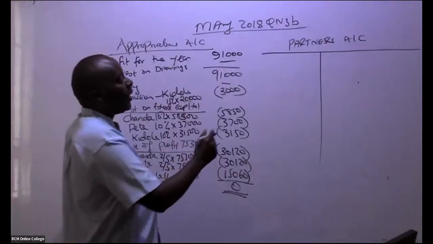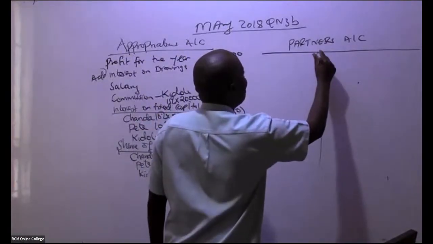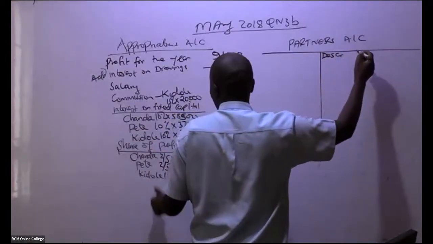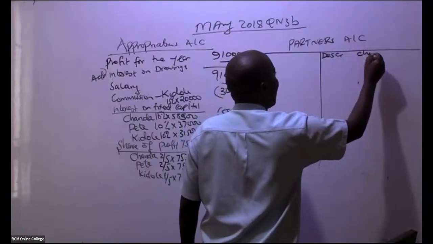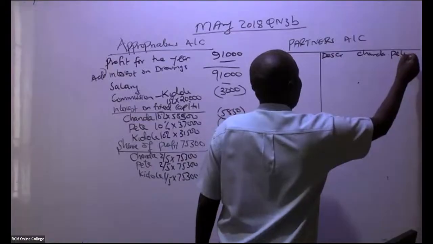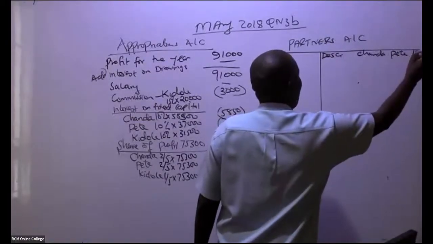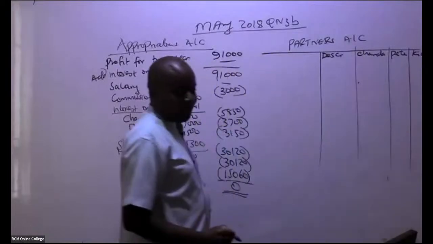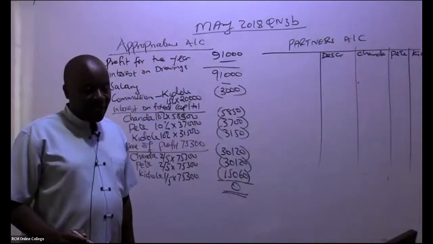So this partners account, what do we have here? We have description, and then of course we have the names of our partners. So we have Chanda, we have Pete, we have in this case here Kidole, like that. So we have our partners there.